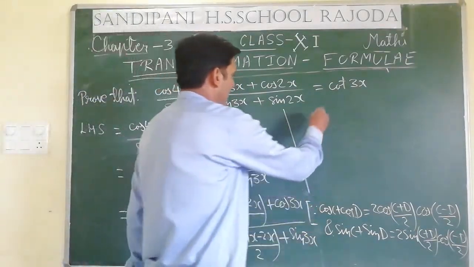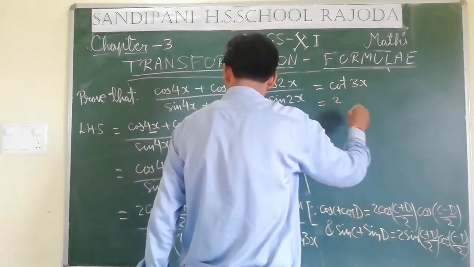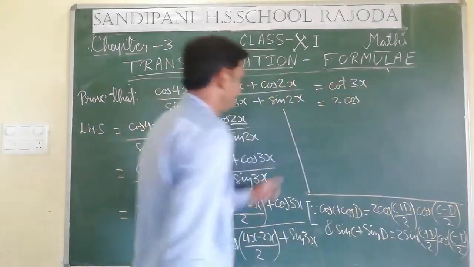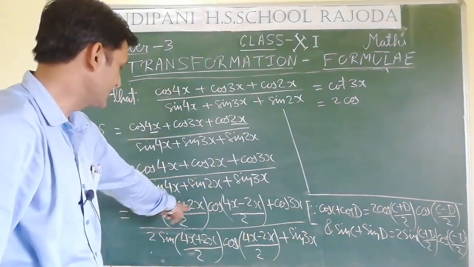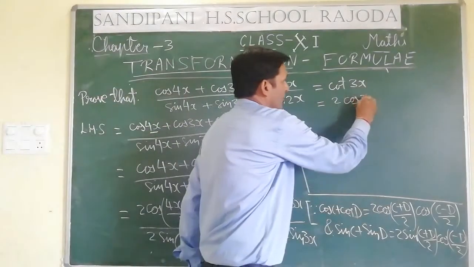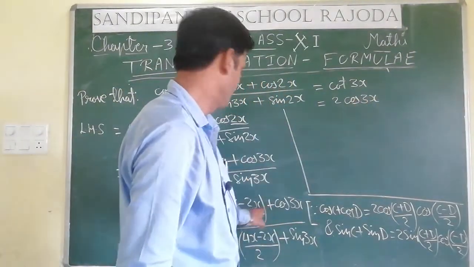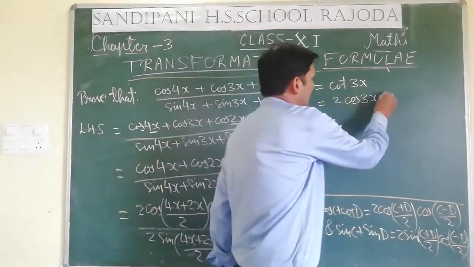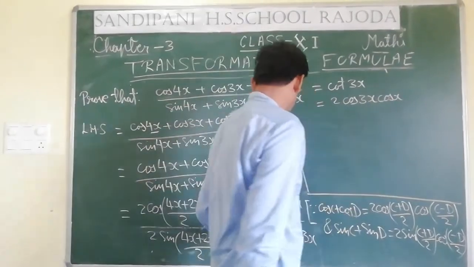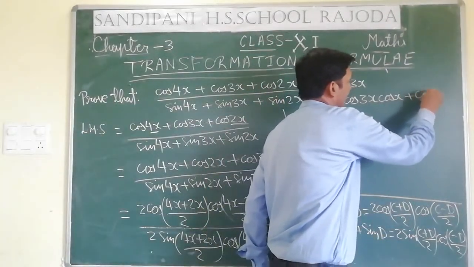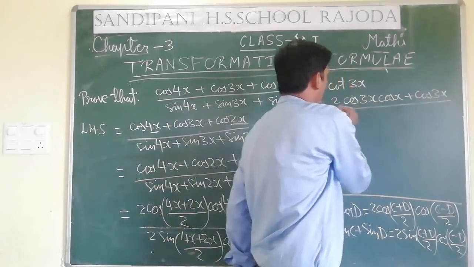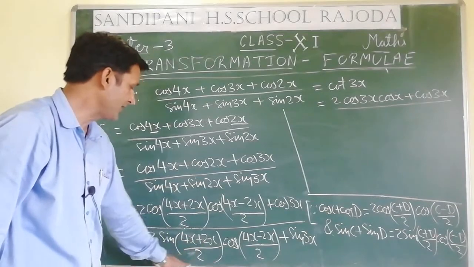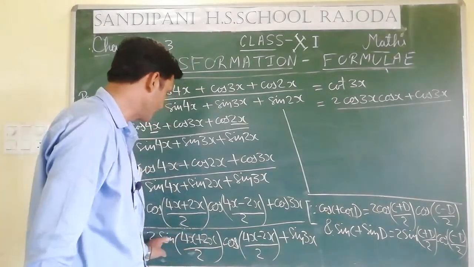Now it will be equal to 2 cos, 4 plus 2 is 6x upon 2, that is 3x. So 2 cos 3x cos (4x minus 2x), that is 2x by 2, that is cos x, plus cos 3x, and upon, here it is 2 sin, again 4x plus 2x, that is 6x by 2, that is sin 3x.